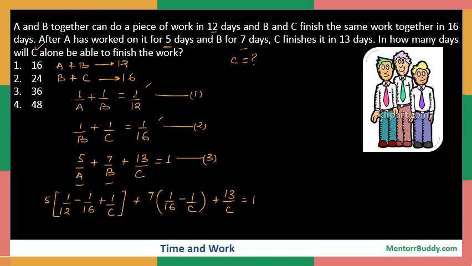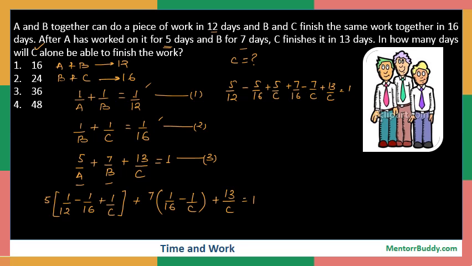When we solve this equation, we get 5 by 12 minus 5 by 16 plus 5 by C plus 7 by 16 minus 7 by C plus 13 by C is equal to 1.